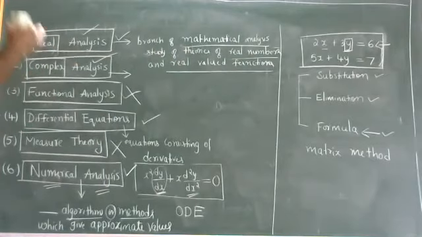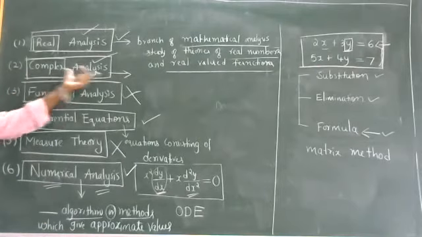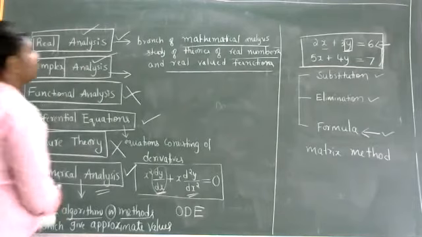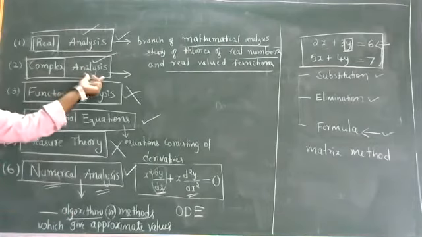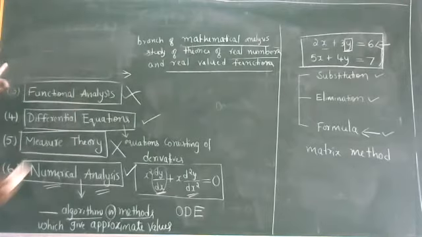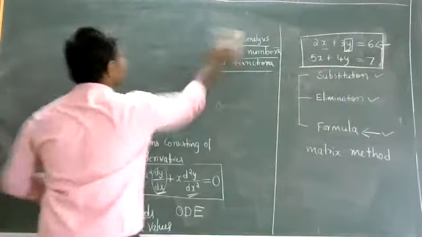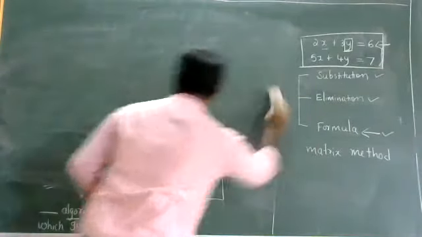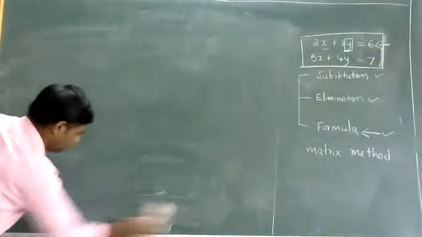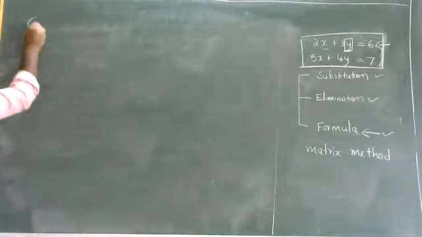If you study the same theories based on the complex numbers, then it will constitute complex analysis. So these are the six sub-branches of mathematical analysis. Among them, in this paper, we shall study complex analysis.